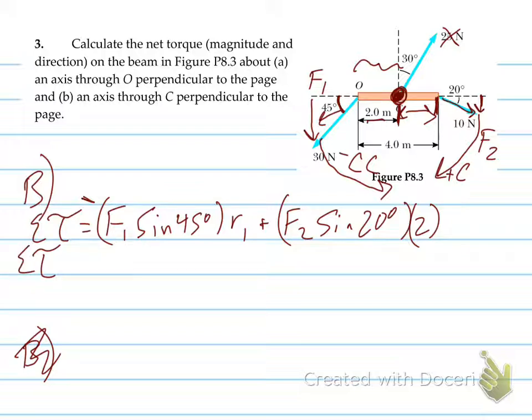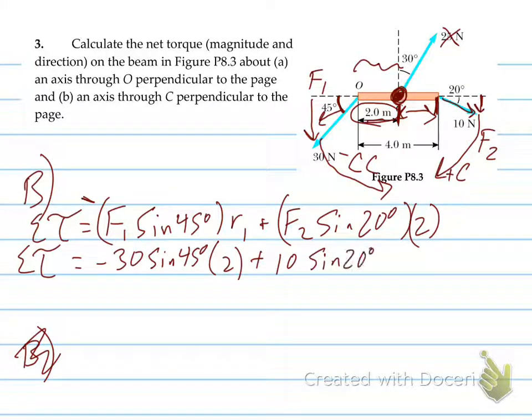So let's plug in our numbers. F1 is 30, sine 45 degrees, times our distance away from the point of rotation, which is just this 2 meters here, plus F2, 10 newtons, sine 20 degrees.